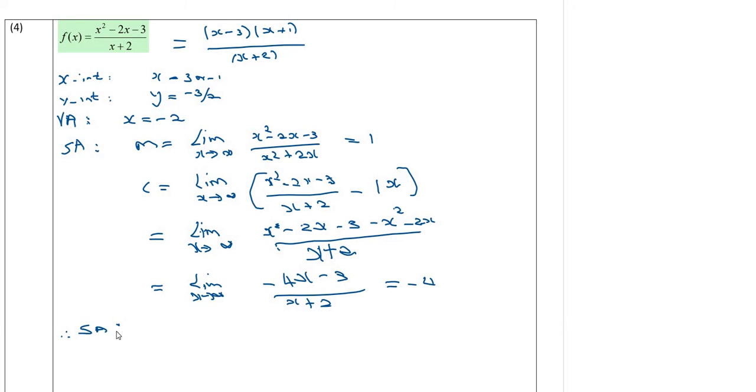So we want to see that y is equal to, because it's a straight line, x minus 4. Now this is not minus x, it's just x minus 4. Let me write that so it's clear.